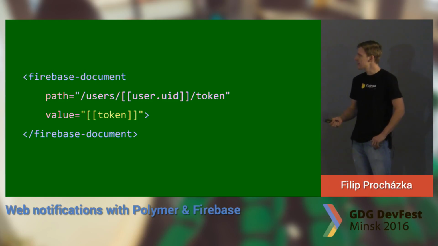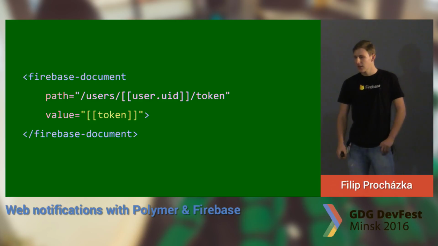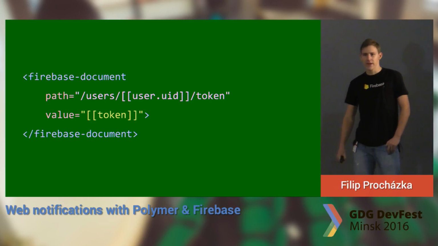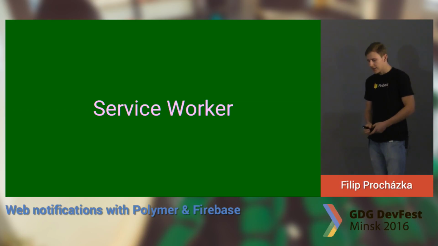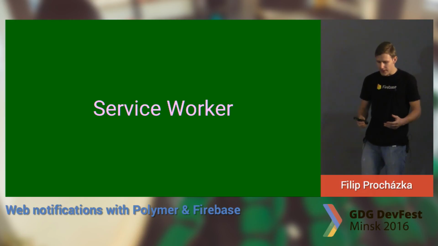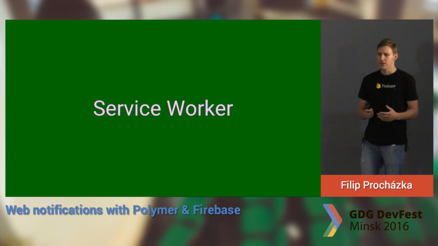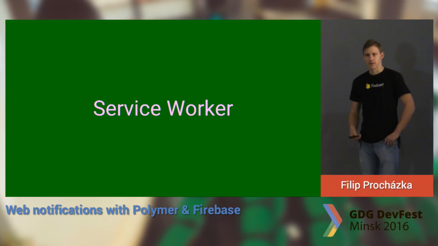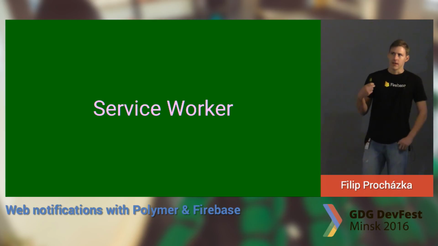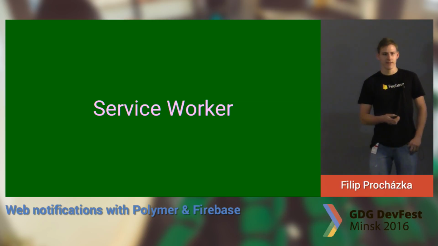As it provides us with the token, we save the token in the database. Here we are using the Firebase database. And the next thing, after we obtain the token, is that we need to receive those push messages even when the app is not open, because we don't need to show the user a web notification when he's right there in the app.